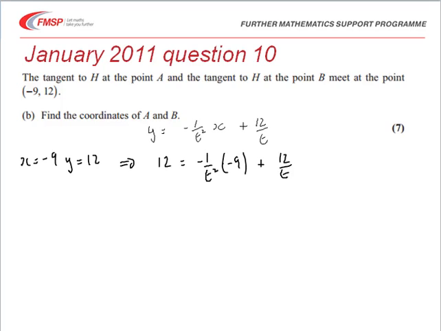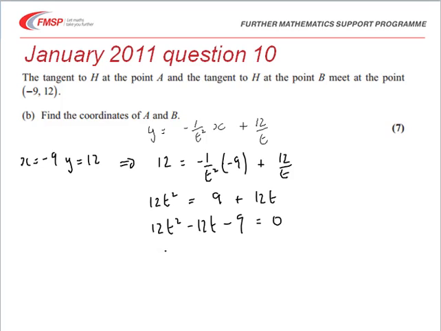Multiplying throughout that by t squared gives 12t squared is equal to 9 plus 12t, and then writing as a quadratic equal to 0, 12t squared minus 12t minus 9 is equal to 0. We can divide throughout that by 3.